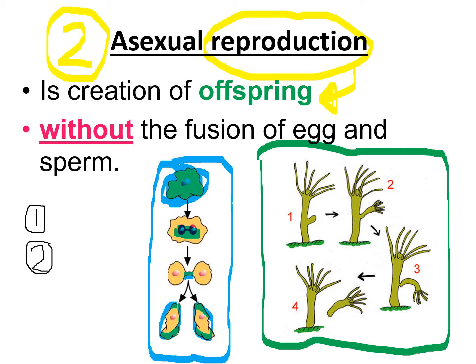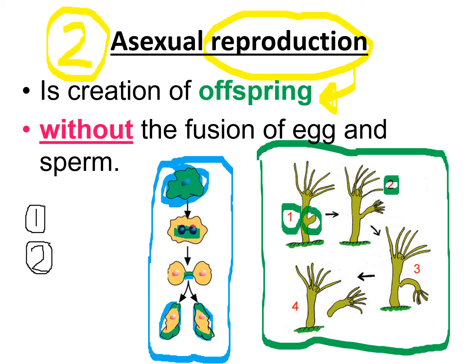So we see that in the first image, we have a parental organism, and it starts to form an outgrowth. In the second stage, or number 2, that outgrowth starts to undergo some differentiation and specialization so that it starts to look like its parental organism.